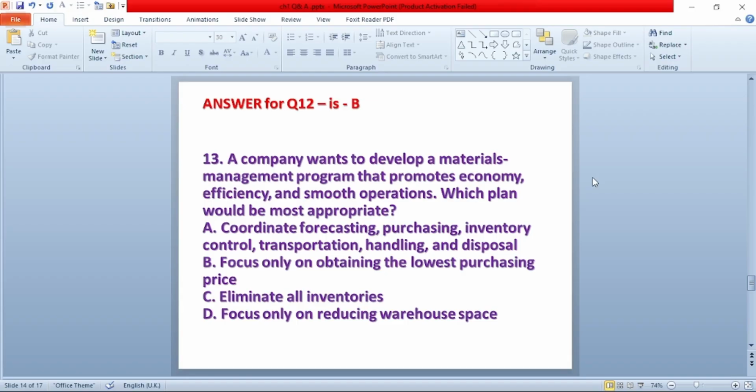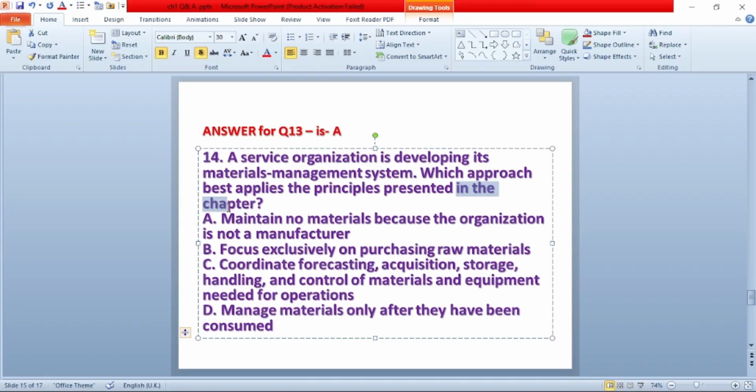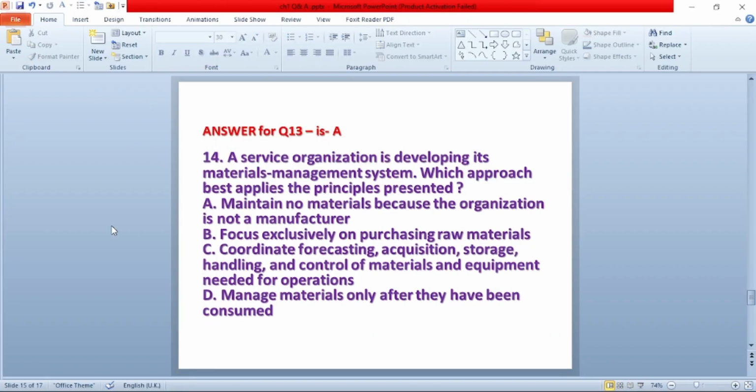Question number 14. A service organization is developing its material management system. Which approach best applies the principle presented? A. Maintain no material because the organization is not a manufacturer. B. Focus exclusively on purchasing raw materials.